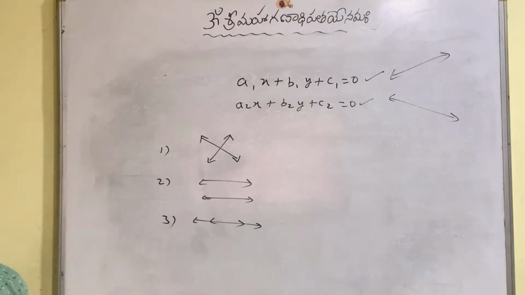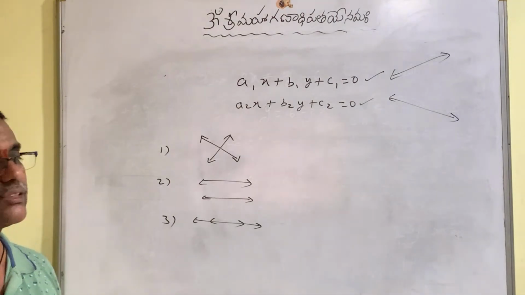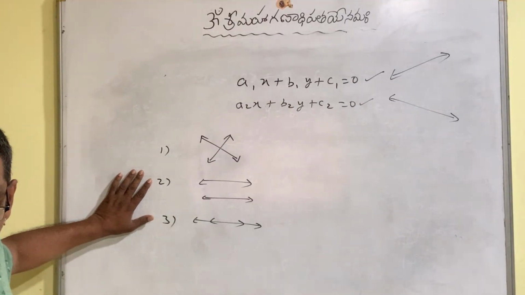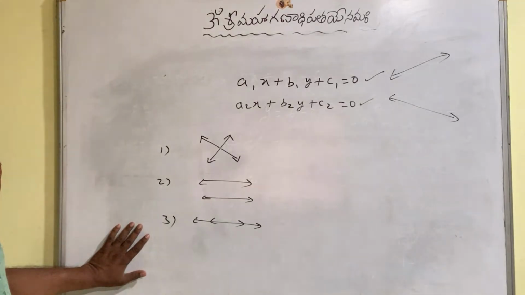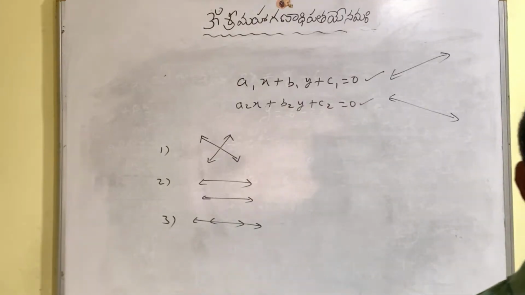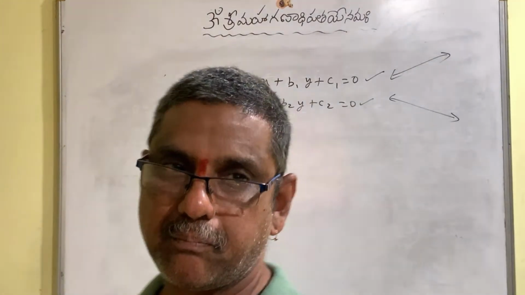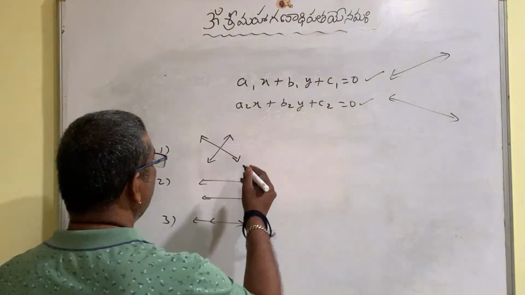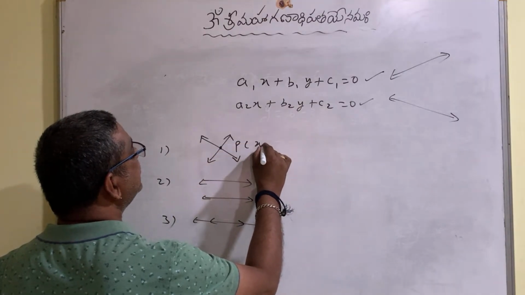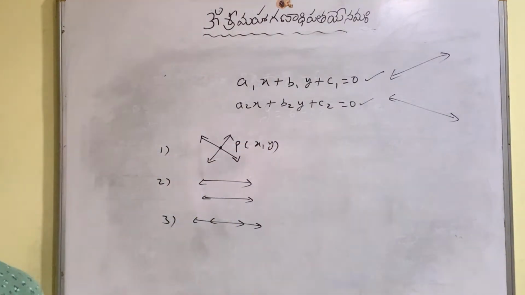Those two straight lines can exist in the graph in only three ways. They are either intersecting, non-intersecting, or coincident lines. Now, if the lines are intersecting, they will meet at only one point.